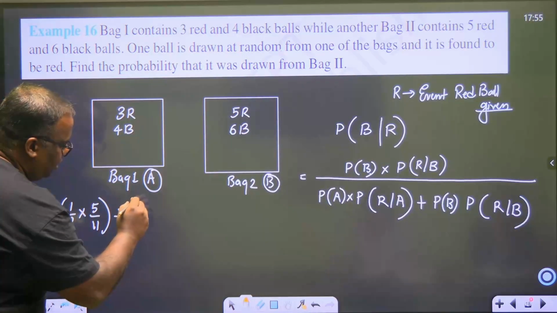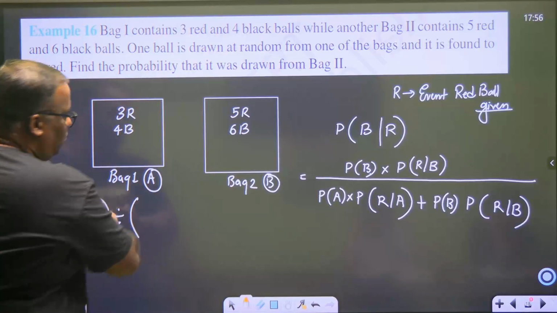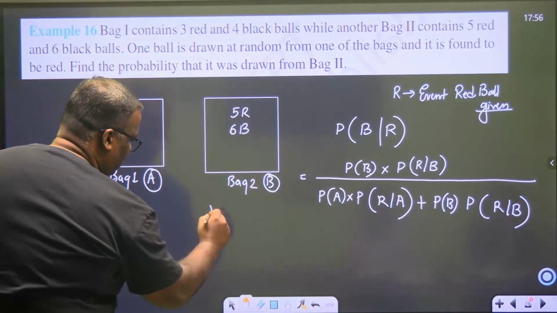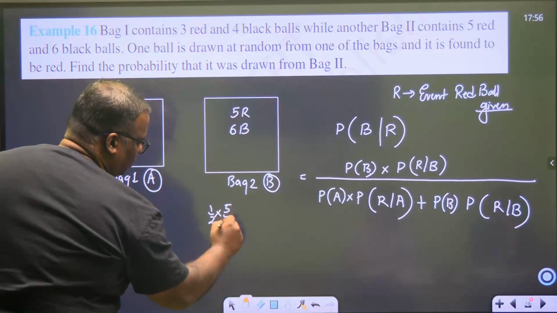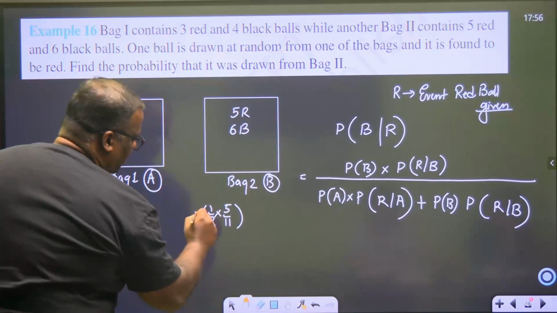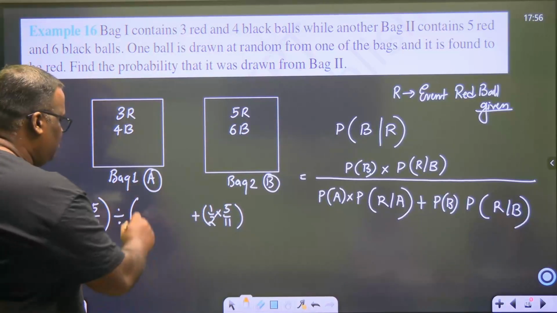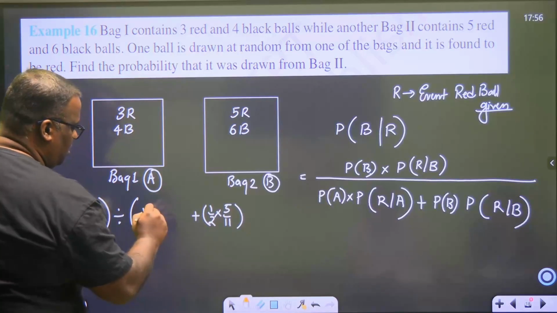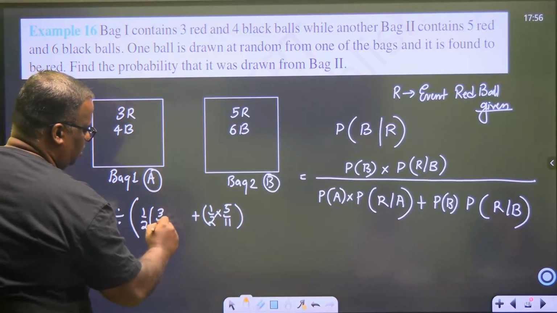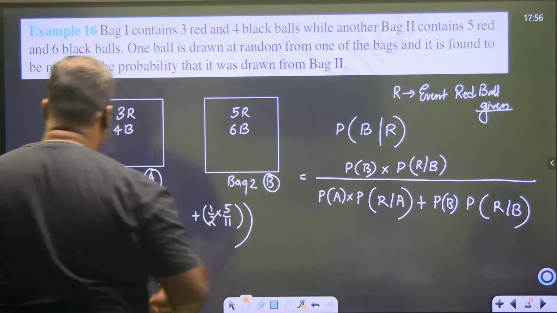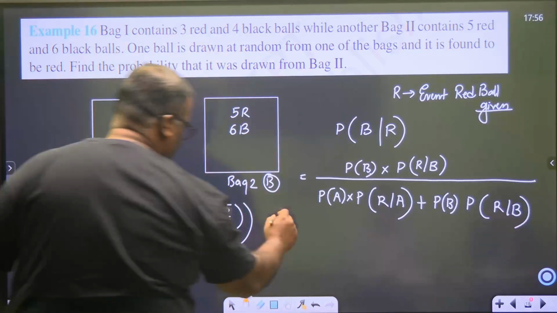Divided by, let's go here. So this content will be there: half into 5 by 11, that will be there anyway, right? Added with half into how much? 3 by 7. Okay? So how much does this come to? 5 by 22.